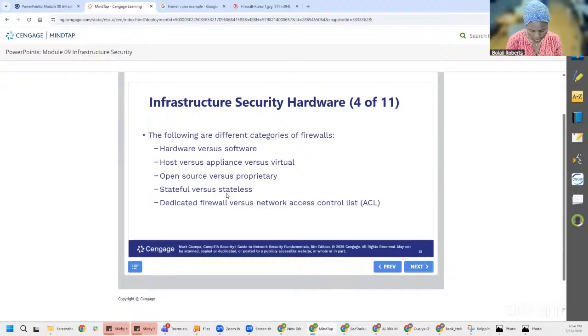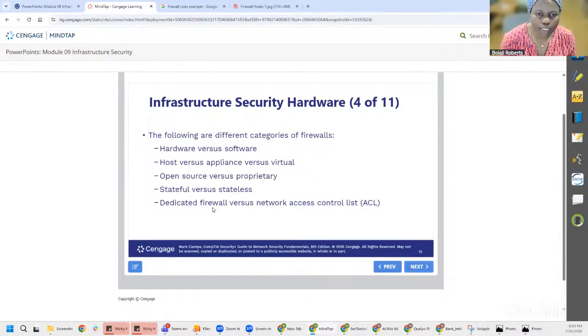It keeps a state of the conversation. Stateless means it doesn't keep a state of the conversation. It's making decisions maybe based on the ports, the protocol and the IP address.